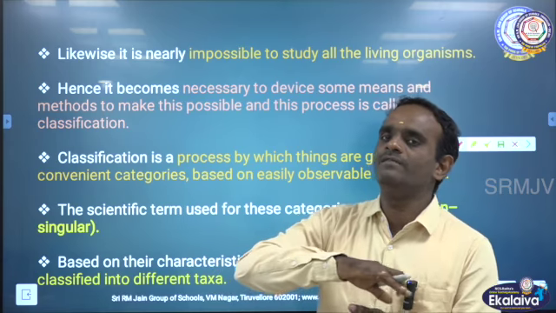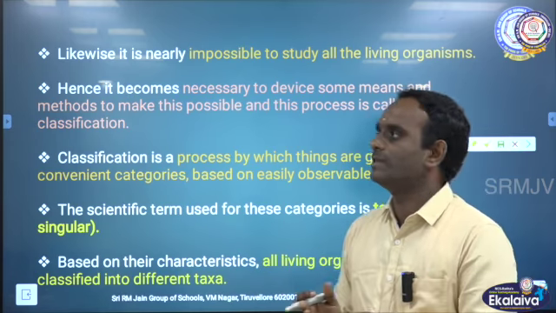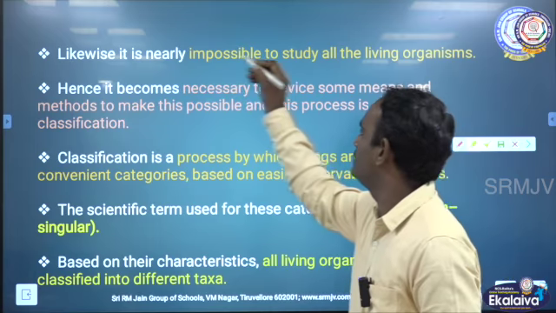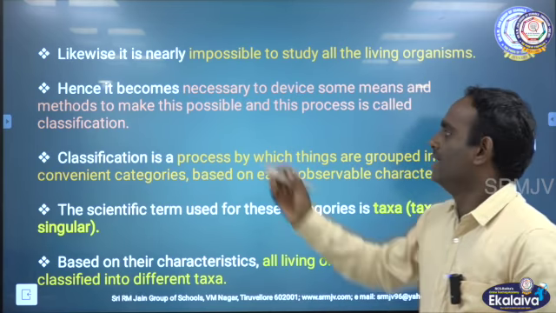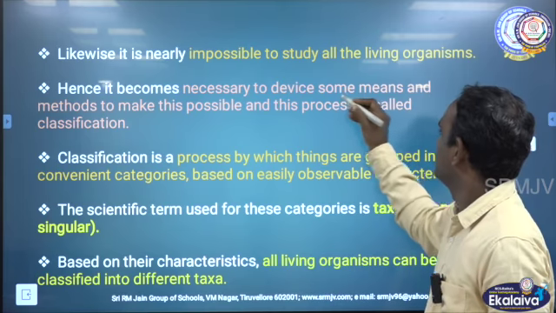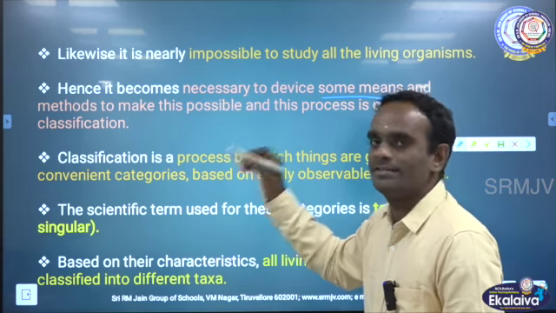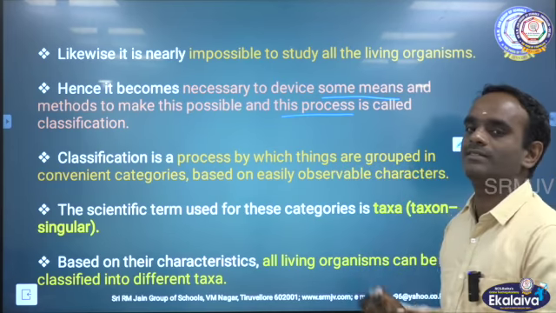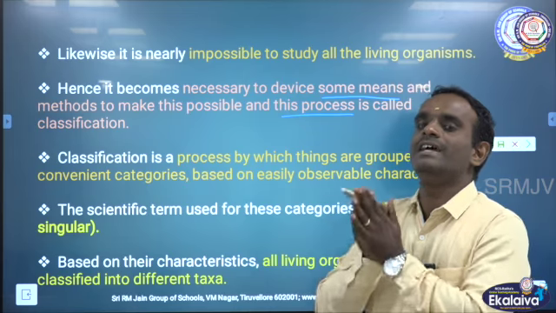It is very difficult to know the different types of organisms. It is impossible to study all the living organisms. Hence, it becomes necessary to devise some means and methods to make this possible, and this process is called classification. So, classification is very, very essential.